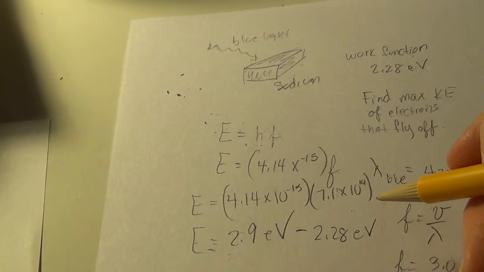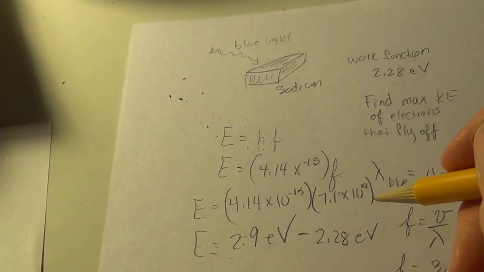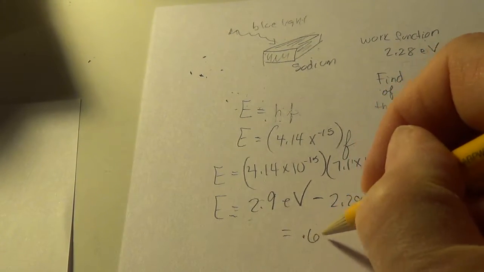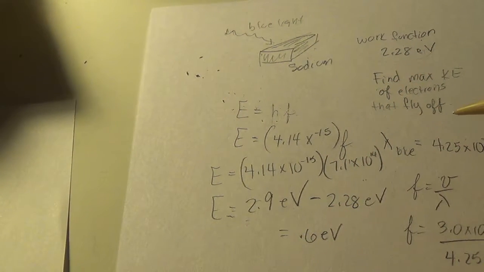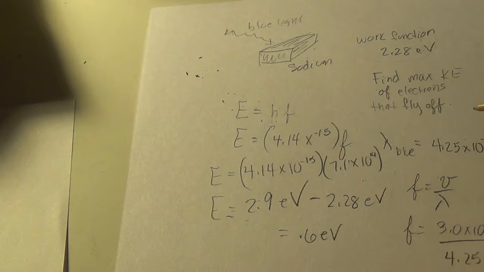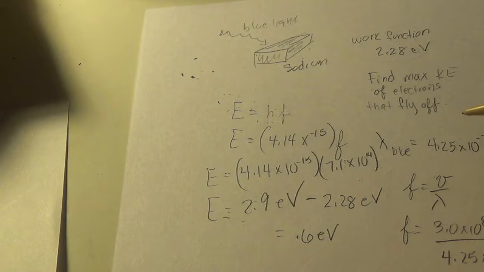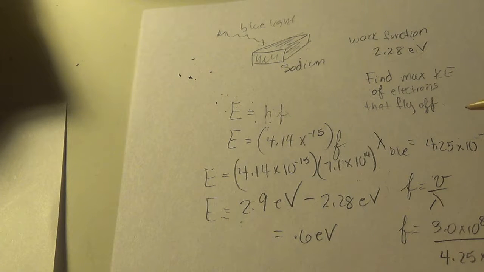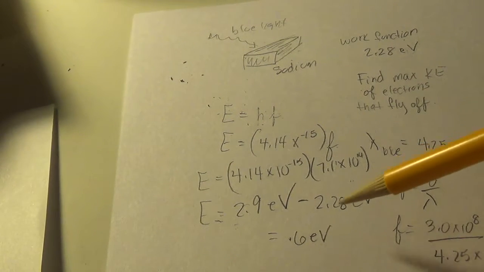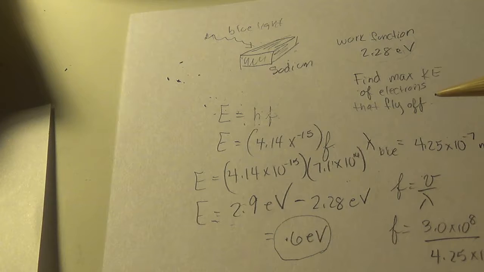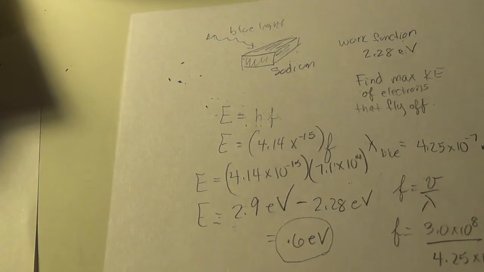When I subtract 2.9 minus 2.28, I get 0.6 eV. So that is the most energy that any electron flying off could have. If all the energy from the light transferred to the electrons, then the max they would have is 0.6 eV.